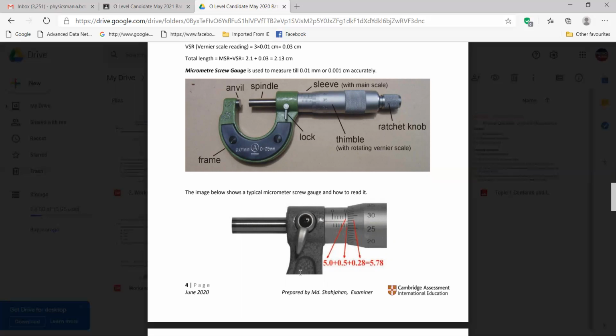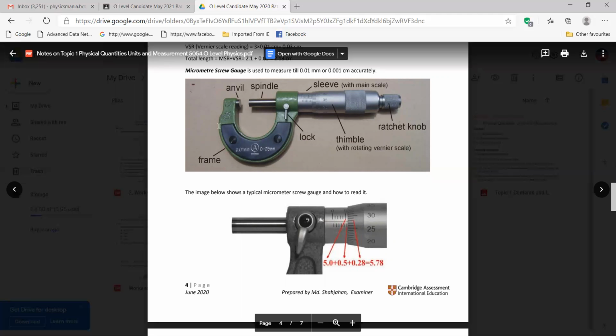Yes, sir. That small amount of length we can measure accurately with micrometer screw gauge. That's why we wrote here we can measure till 0.01 millimeter or 0.001 centimeter accurately.